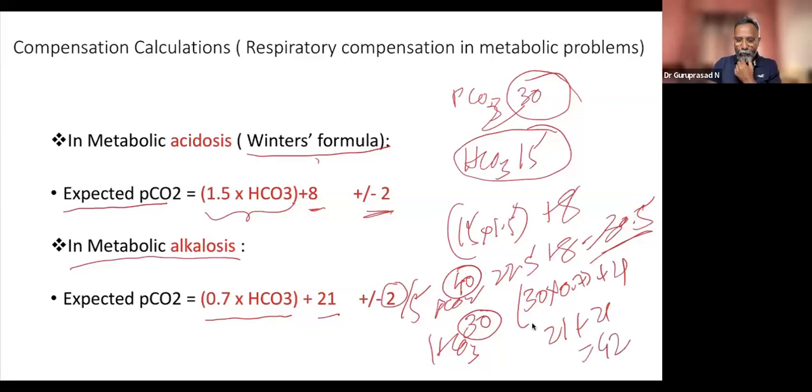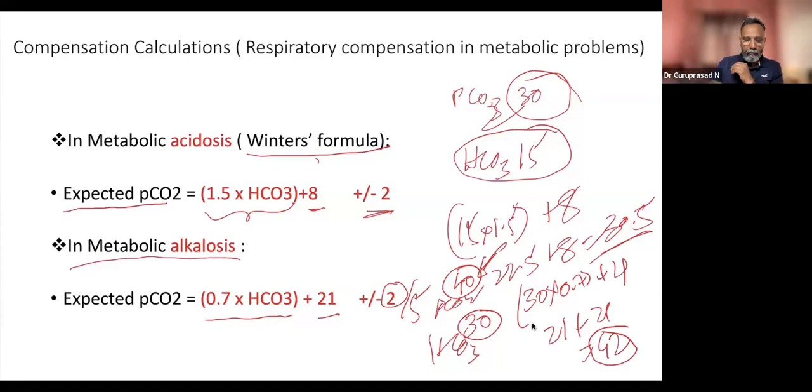The given PCO2 is 40, so it is a compensated metabolic alkalosis. So this is the formula to know whether the compensation is adequate.